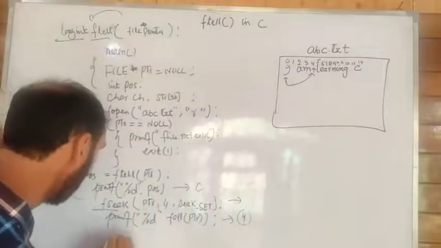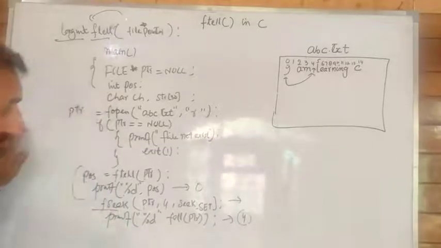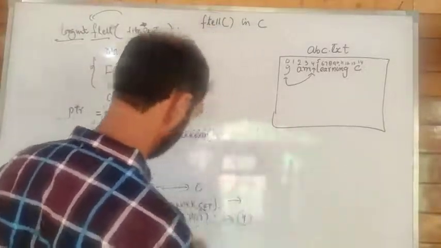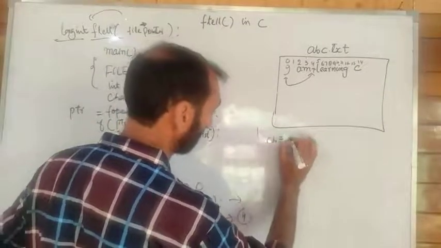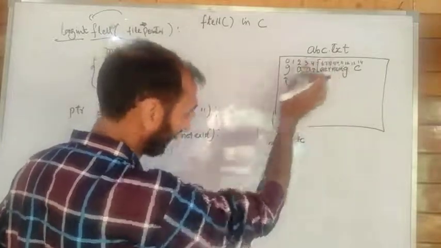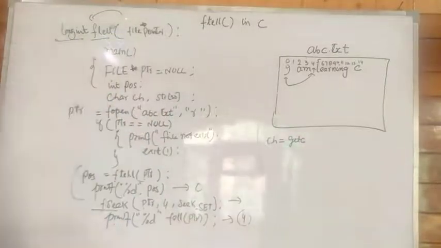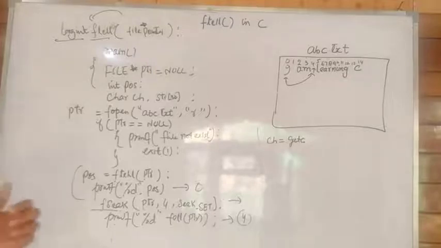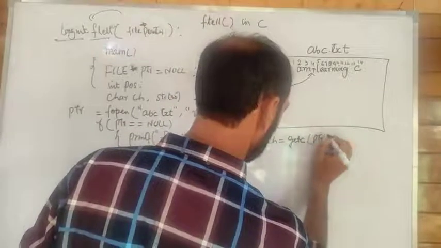So simply I can write here ch equal to getc ptr, because we want to read the character which is located at this position.